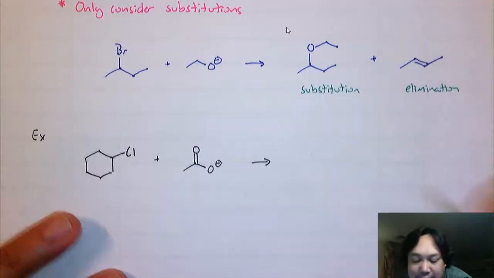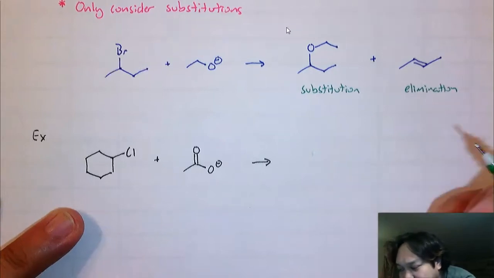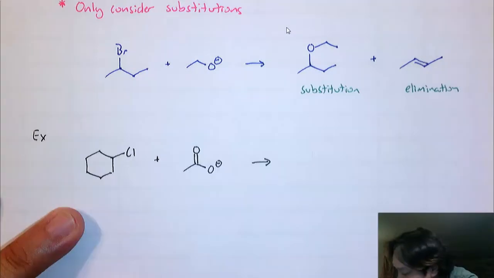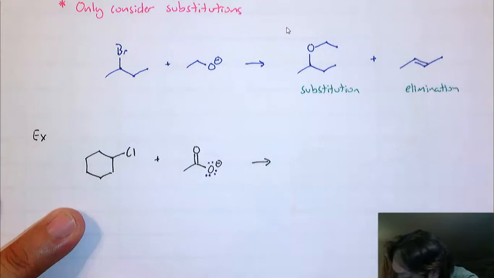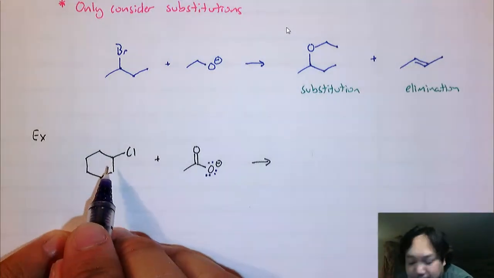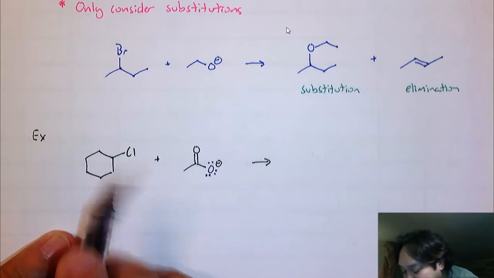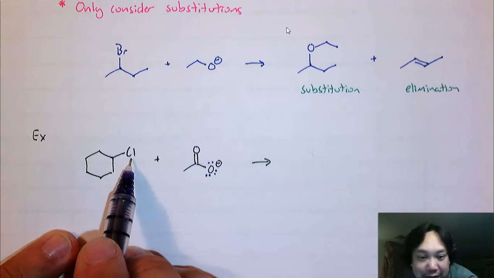But if you understand the concept of opposites attract, or partial negative is attracted to partial positive, or in this case full negative is attracted to partial positive. So I'm not going to put the partial charges, but this carbon is partial positive because this chlorine is very electronegative and partial negative.